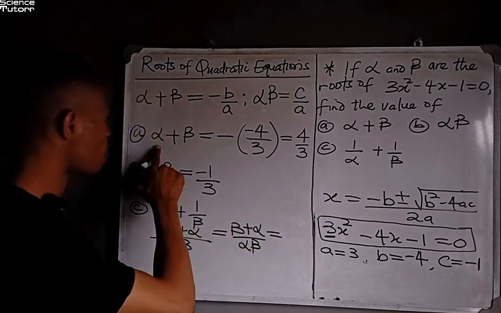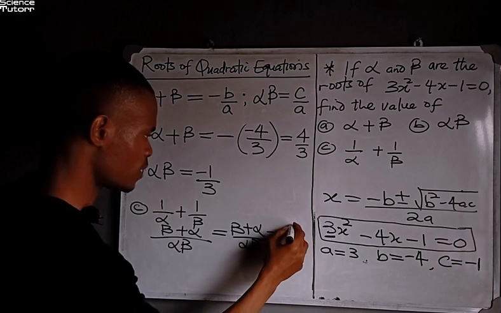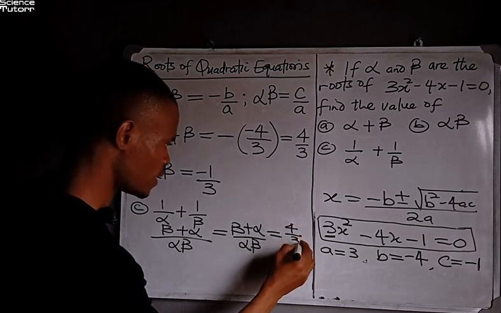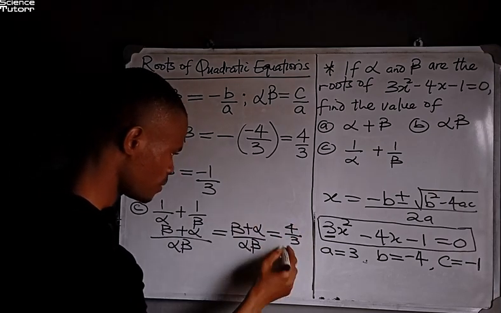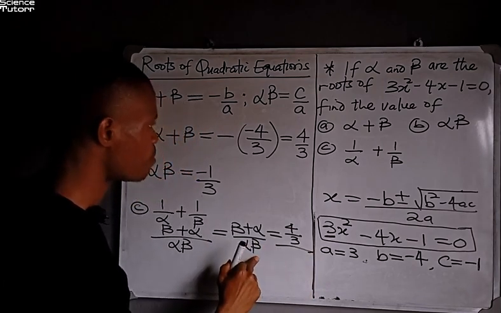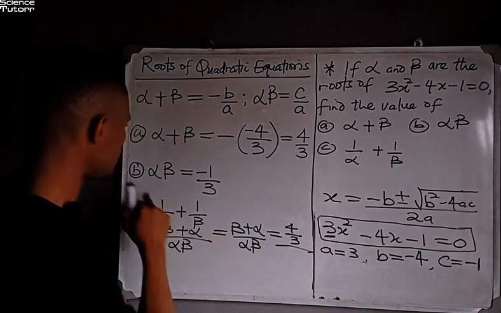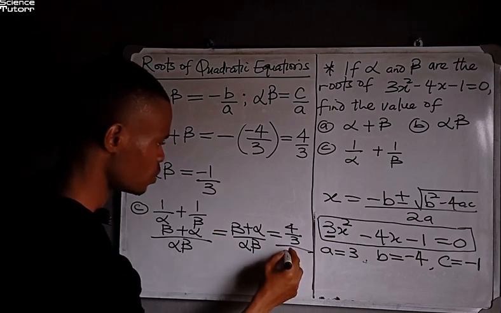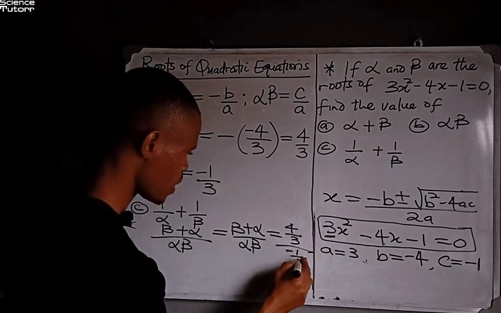And we've solved for alpha plus beta, which is 4 over 3. So we have 4 over 3 divided by alpha beta, which is minus 1 over 3.